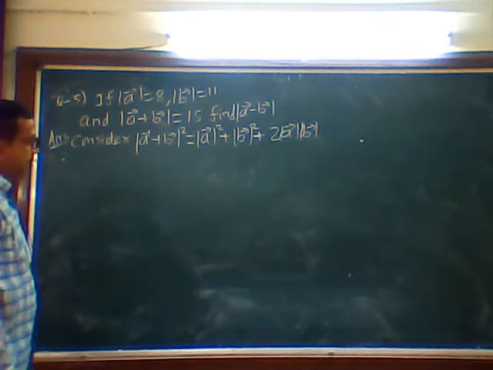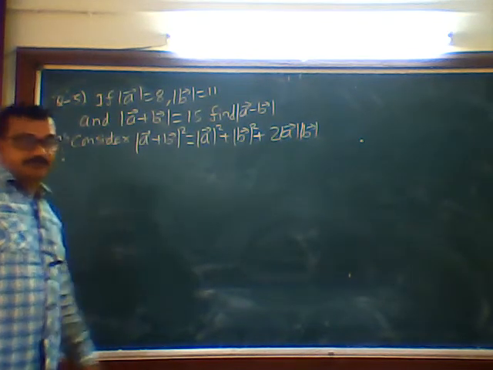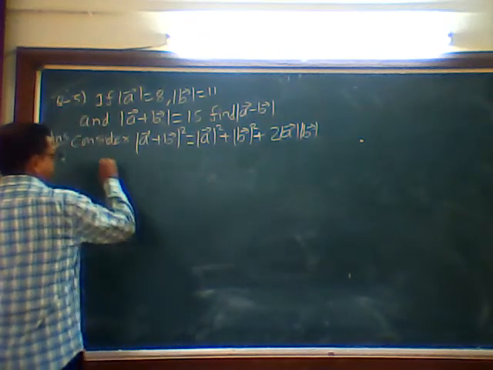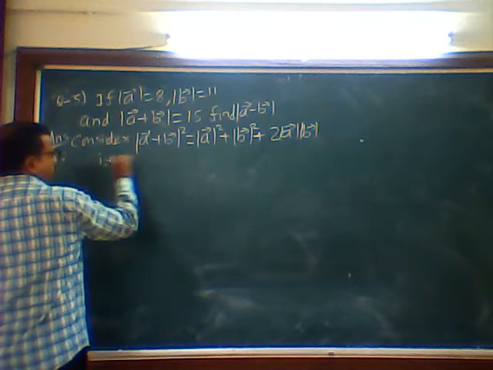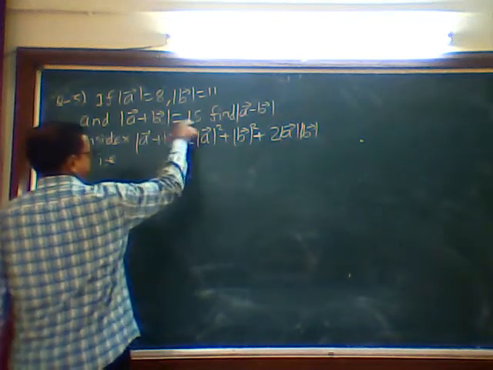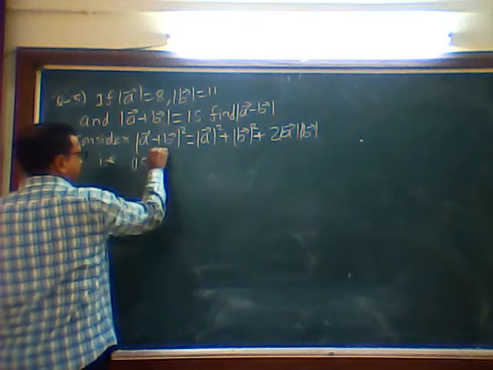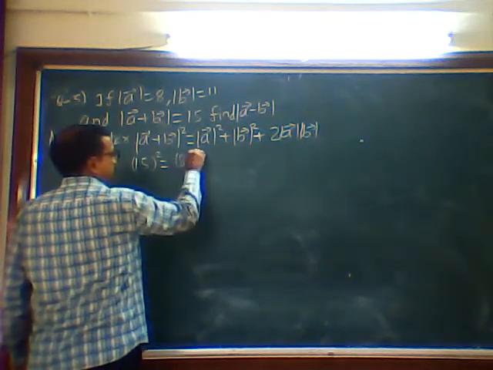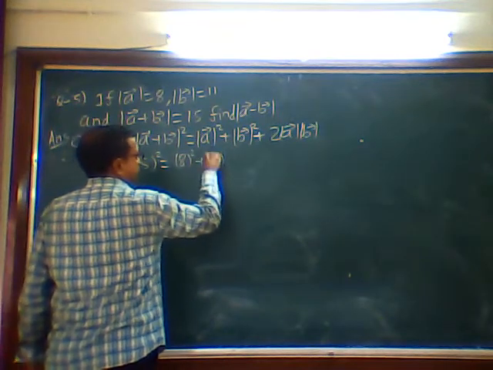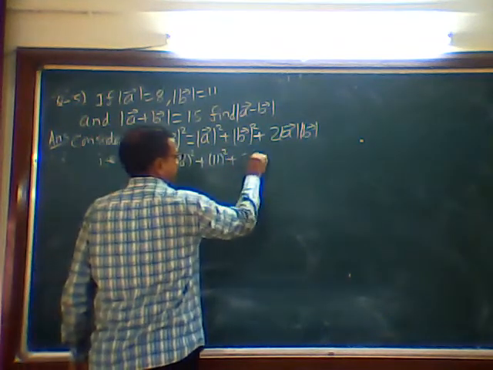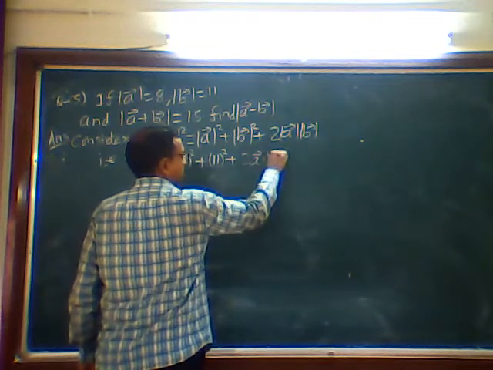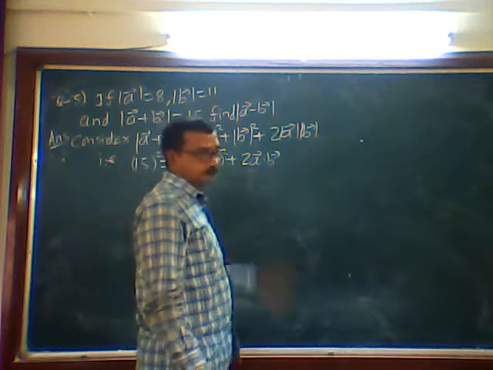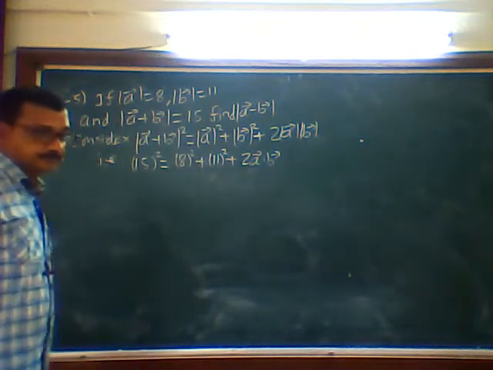How do we know (a plus b) whole square? a square plus b square plus 2ab. That's the way it is. Now mod (a bar plus b bar) is given as 15, square will do. Then mod a square is 8 square, 11 square, plus the a bar dot b bar will come.